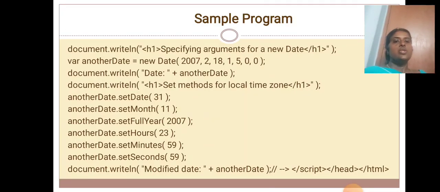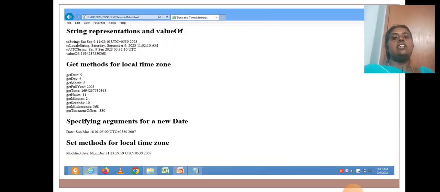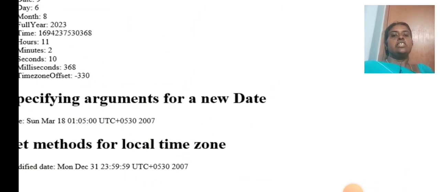After that, we are going to change the values for the different arguments. First is anotherDate.setDate. Using the anotherDate object, I am going to invoke the method setDate, and I am going to change the date to 31. Before, I passed it as 18, so I got the result as 18 here.